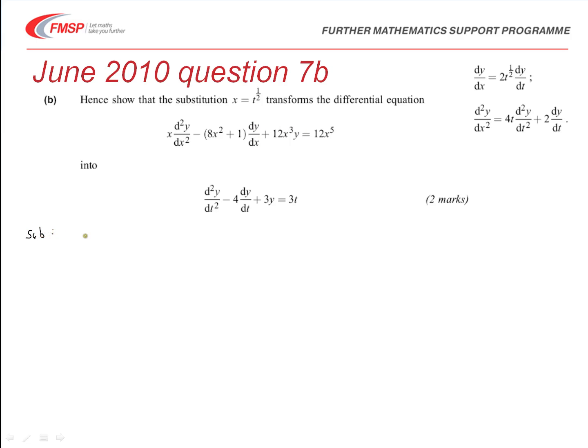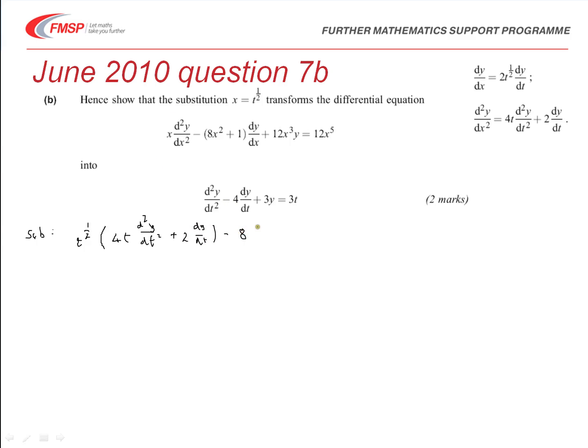So if we do that substitution, what are we going to get? Well, we're going to get x, well that's t to the half, multiplied by, well instead of the d2y by dx squared, we're going to write in here 4t d2y by dt squared plus twice dy by dt, and then we are going to have minus 8.